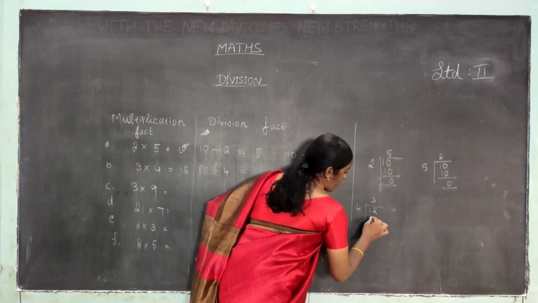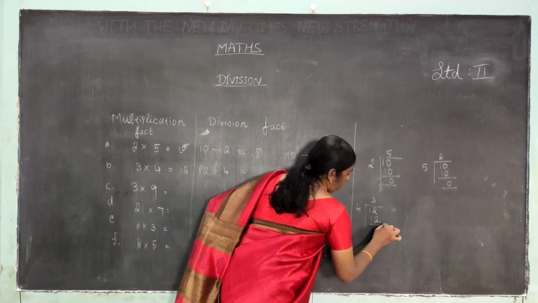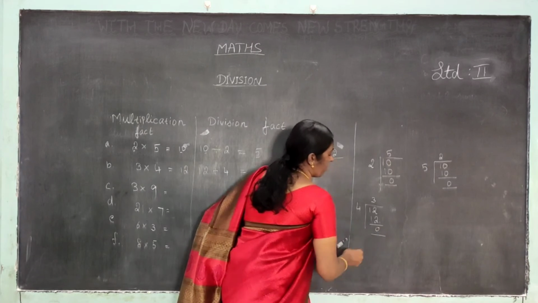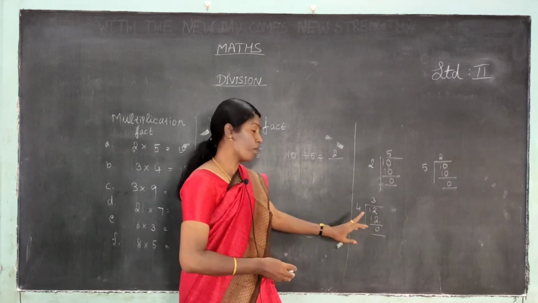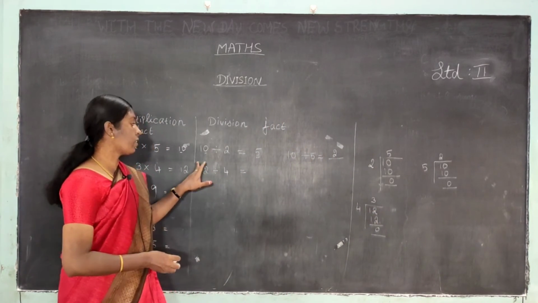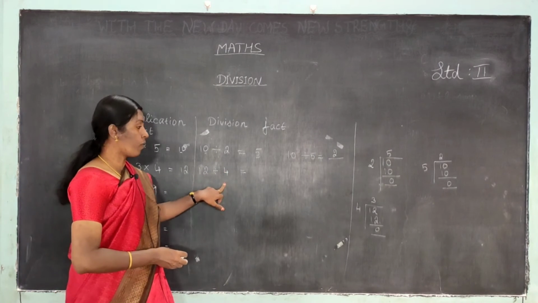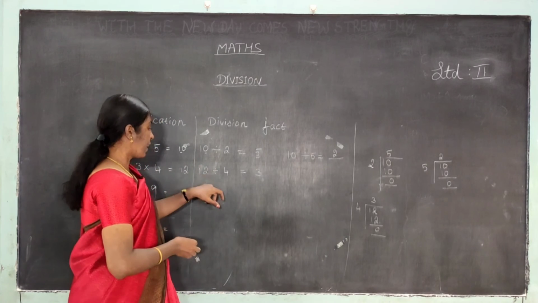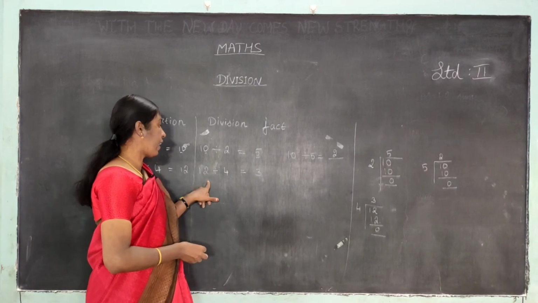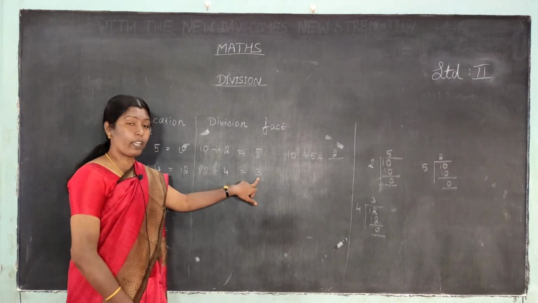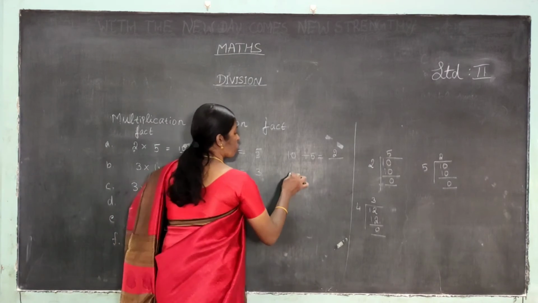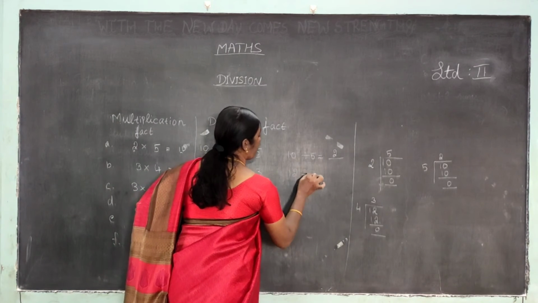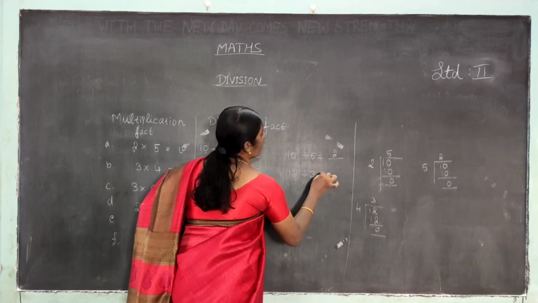Okay, write the quotient, and 4 3s are 12. And what is the remainder? 12 minus 12, 0. So when you divide 12 by 4, what is the quotient? 3. Okay, next again we can divide 12 by 3 also, is it? 12 divided by 3. Okay, you try this.